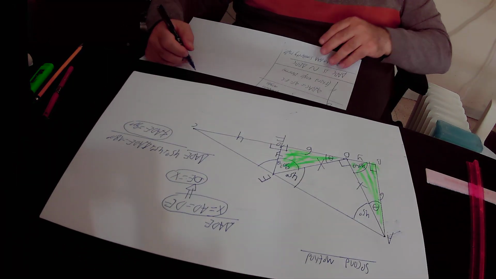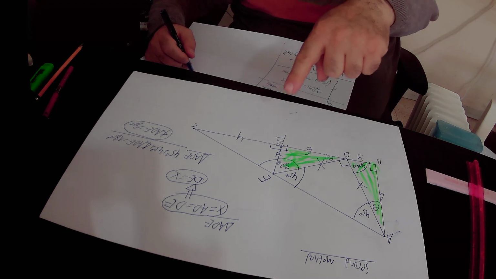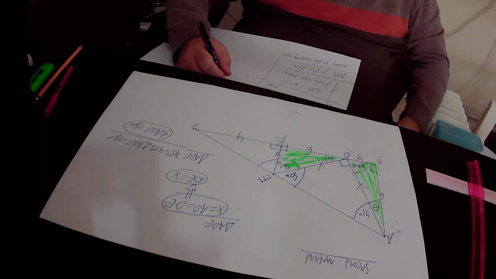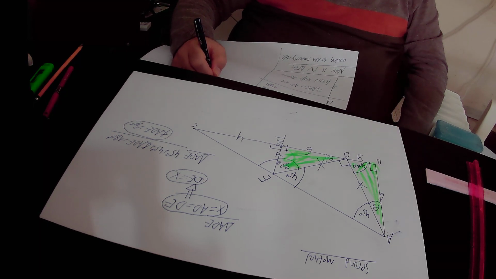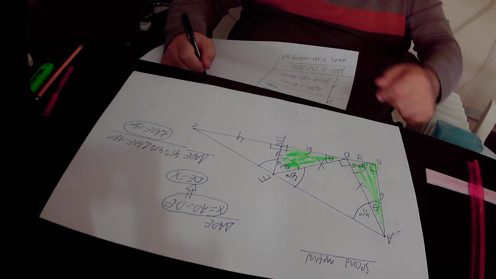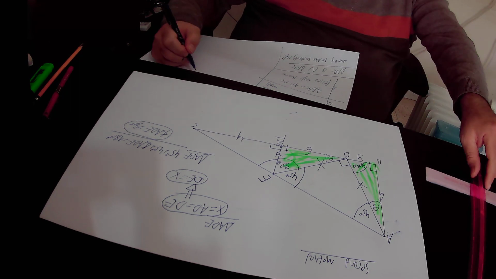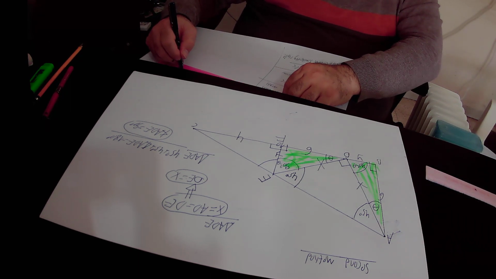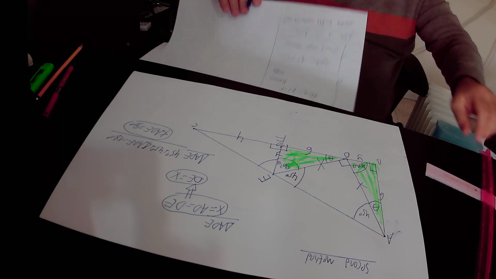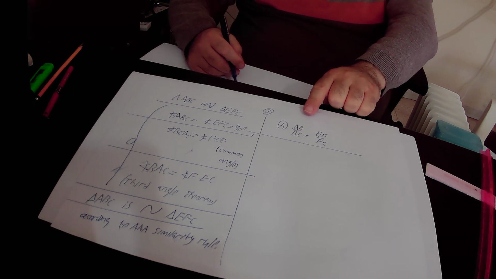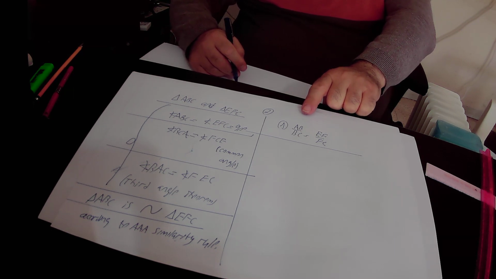And from the fact that triangle ABC is similar to triangle EFC, we conclude that AB over BC is equal to EF over FC. I repeat again, from the fact that the right triangle ABC is similar to the right triangle EFC, we conclude that AB over BC equals EF over FC.